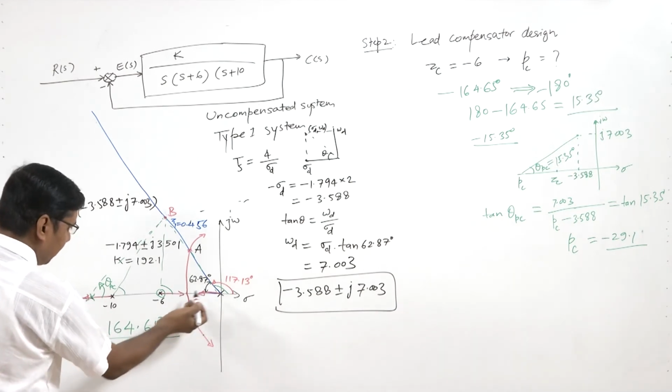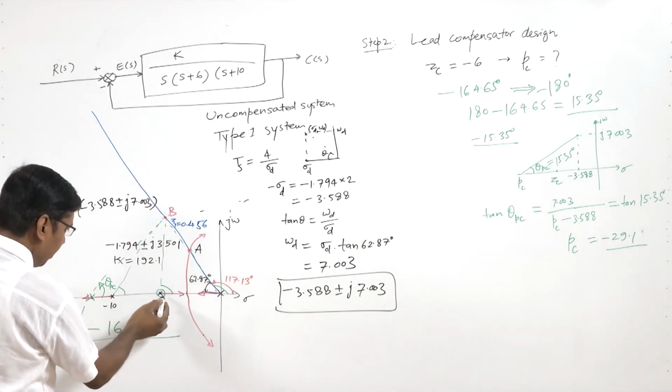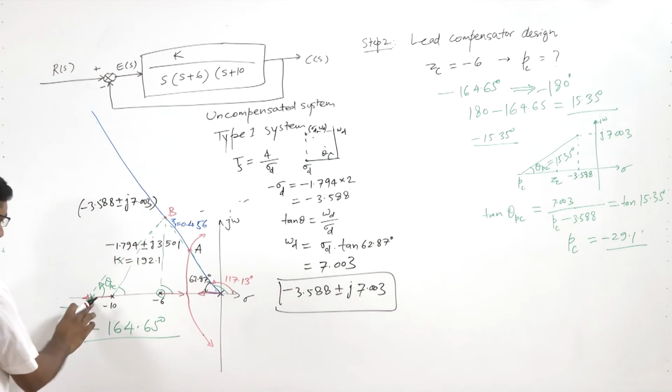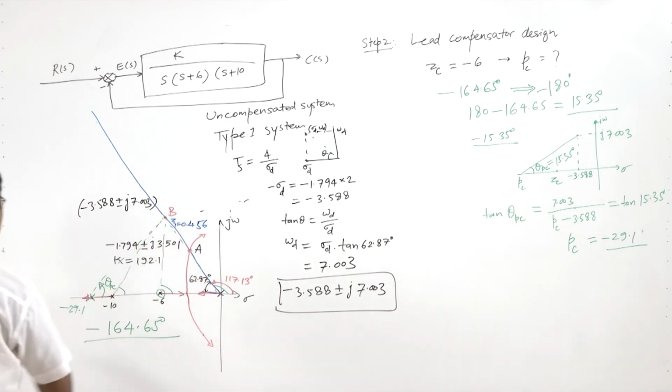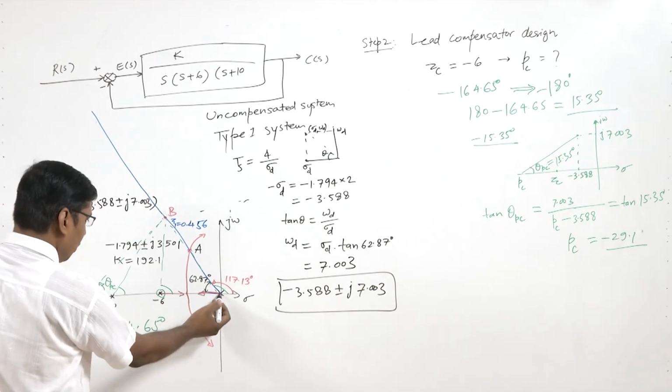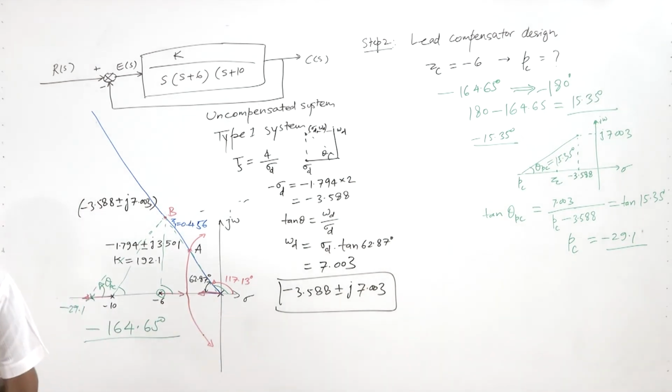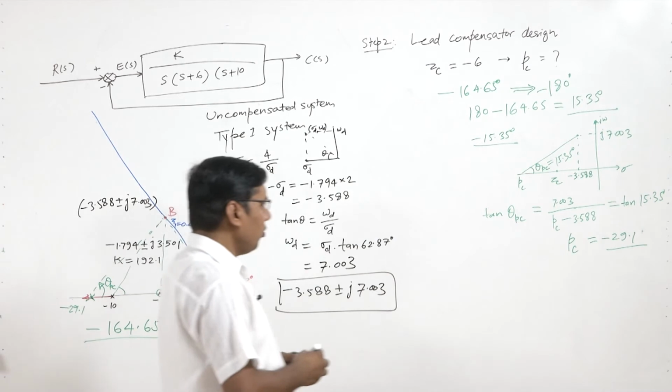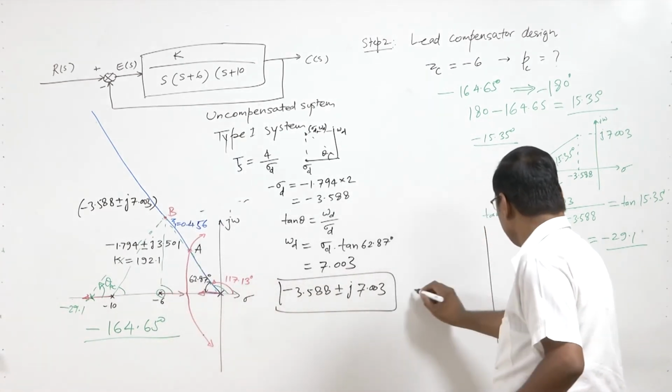We have here system pole, compensator 0, system pole, and here is the compensator pole. And now this root locus must pass through, so we can plot here.